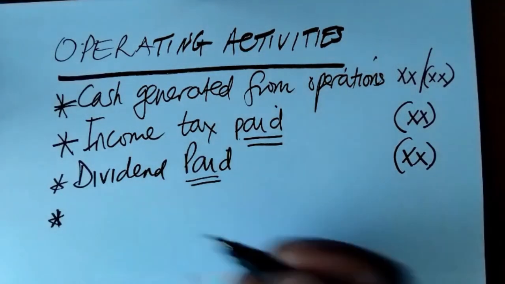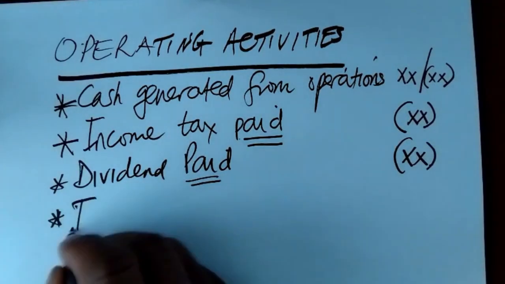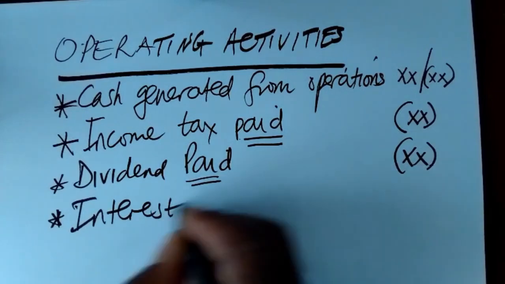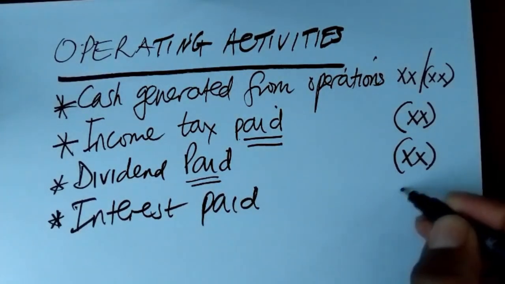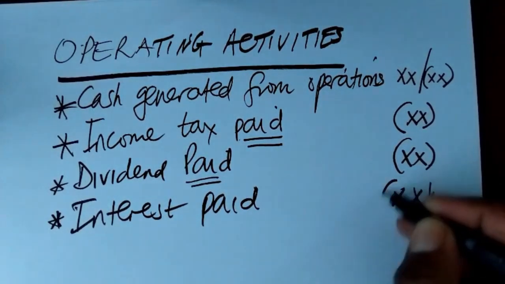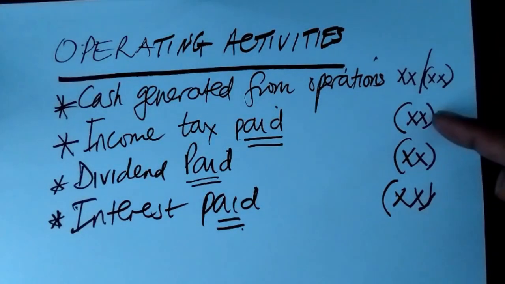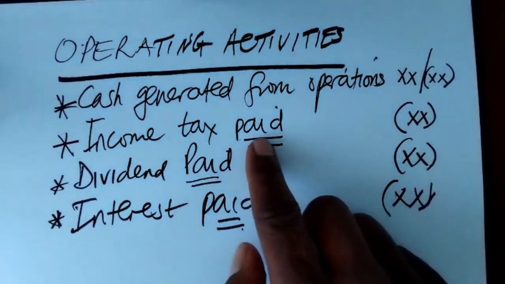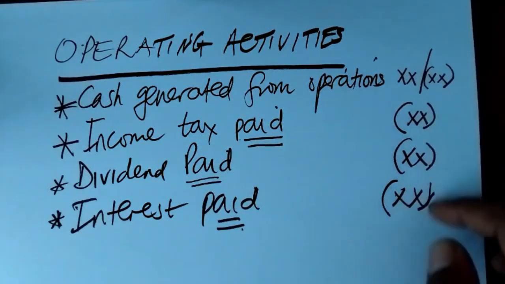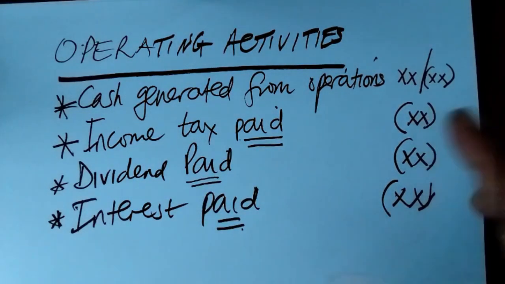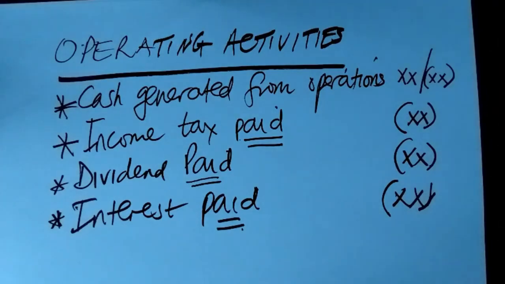And then you've got interest paid. Interest paid is also going to be negative because of the word paid. So this one is fairly easy to remember whether you've got an inflow or outflow, because if it's paid, then it's obviously going to be an outflow, which is negative.